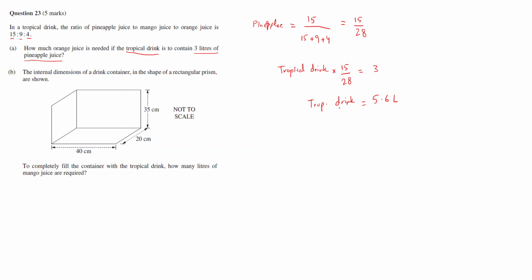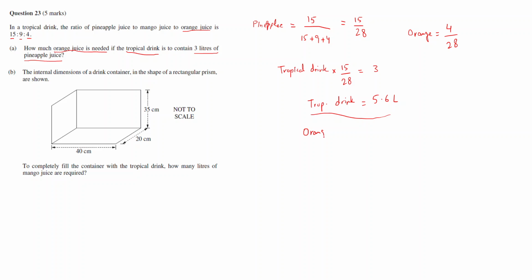Now that's not the question. Question is not asking you to calculate the full size of the drink. Question is asking you how much orange juice is needed in that drink. But once you know that full size, we are given the proportion of orange juice, right? So orange juice is 4 by 28.